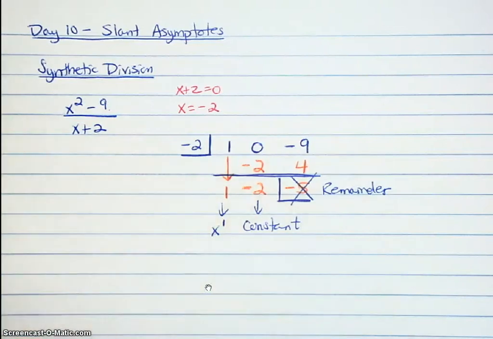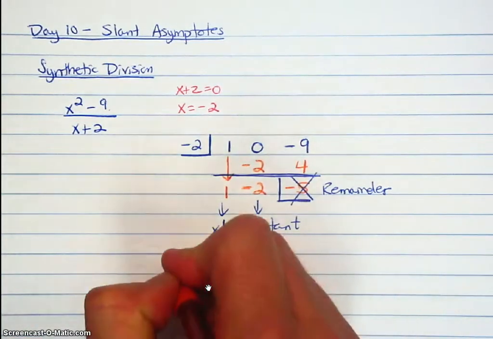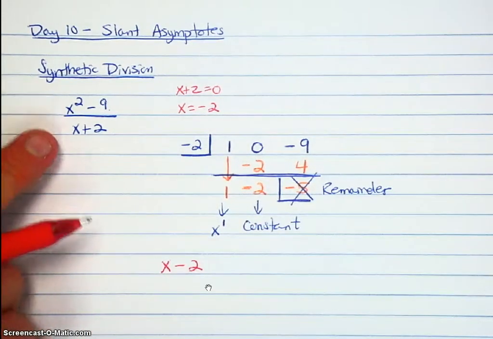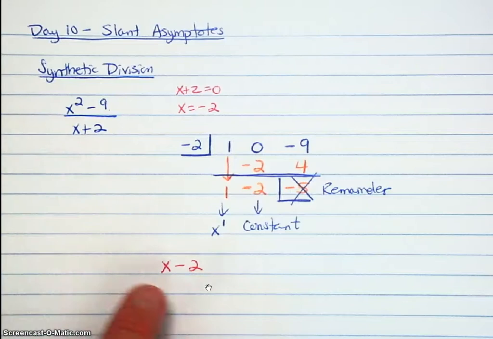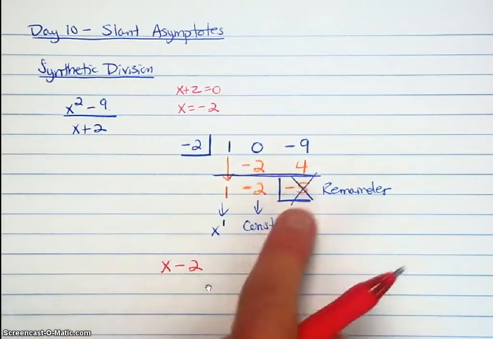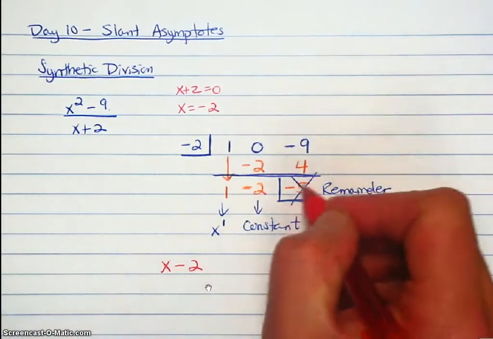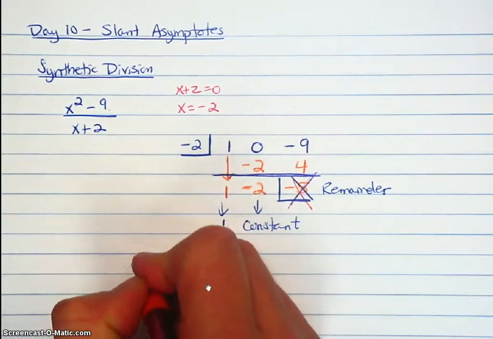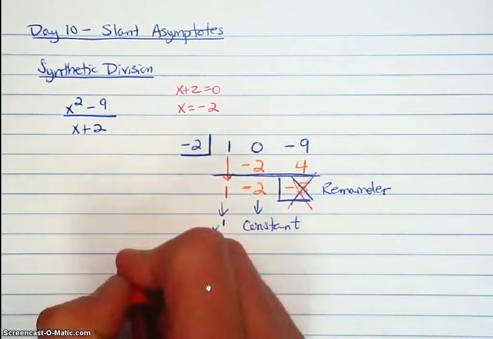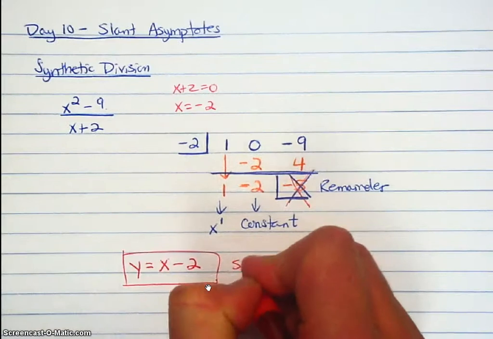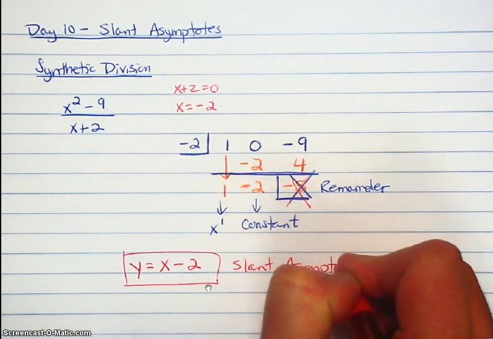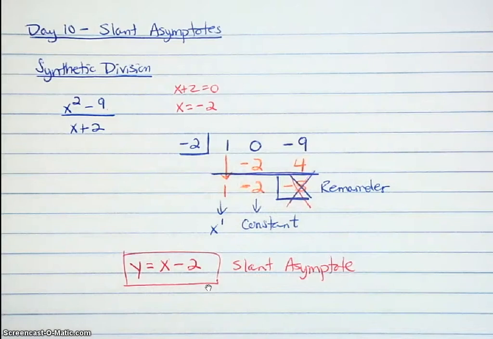So my answer, if I was just doing synthetic division, would be x minus 2. When I take x squared minus 9 and divide it by x plus 2, I get x minus 2 with a remainder of negative 5, but we're ignoring the remainder. If I make that y equals x minus 2, that is a slant asymptote for this problem.